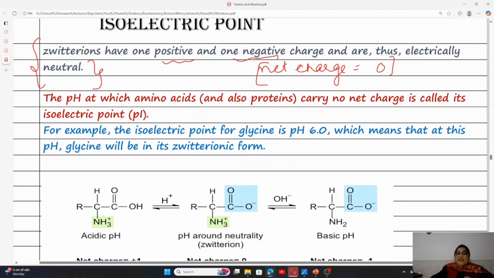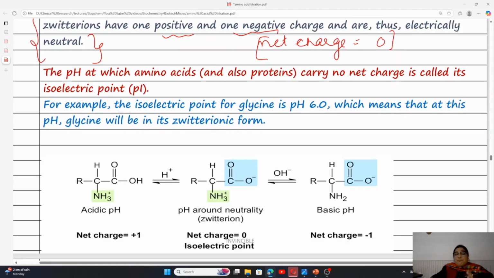So they are electrically neutral. And different amino acids have different pI. Okay, what is pI? pI is the isoelectric point, and this pI is very important whenever we need to understand the titration of amino acids.